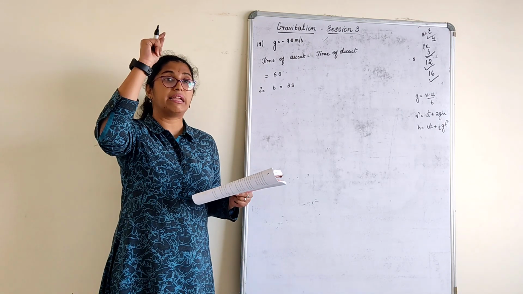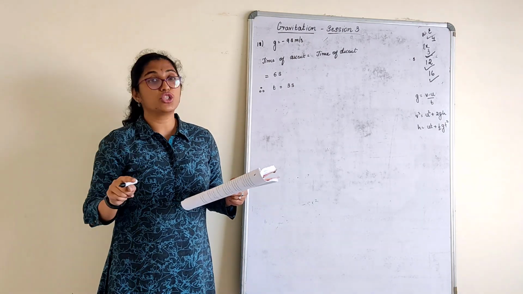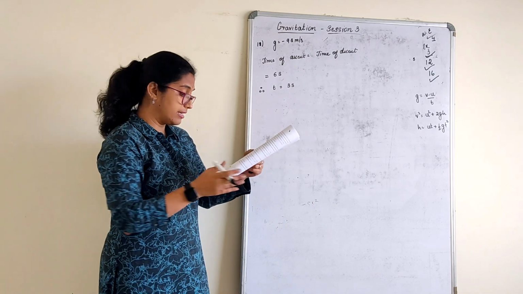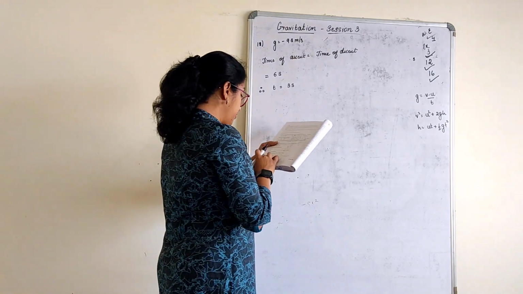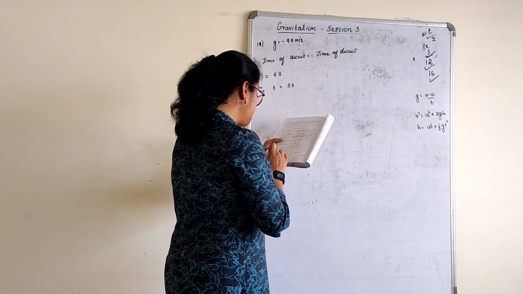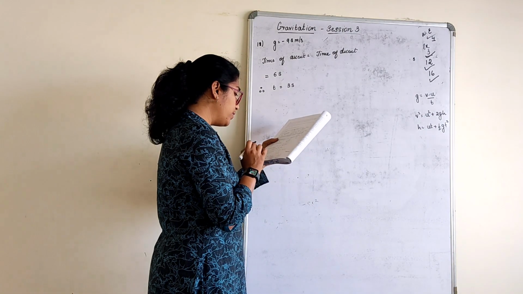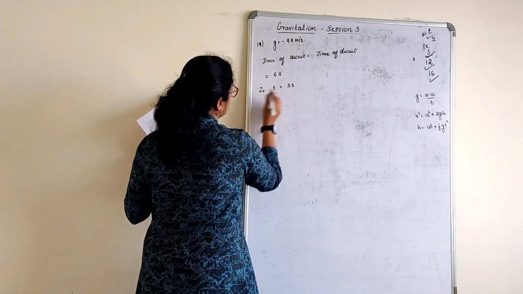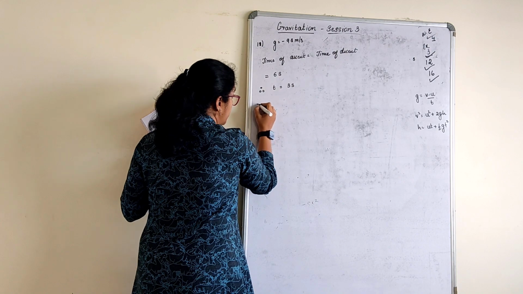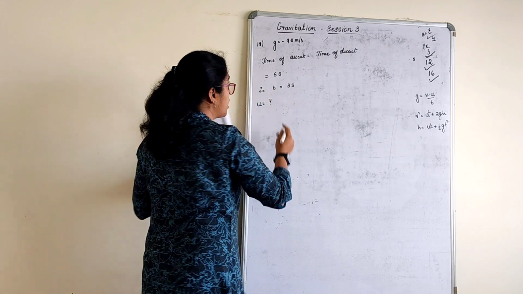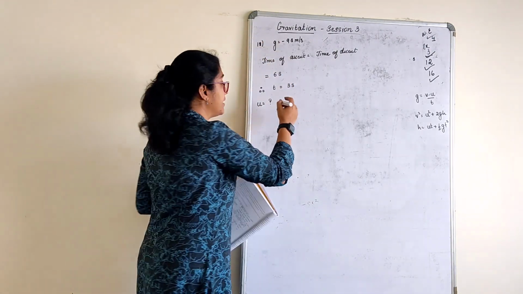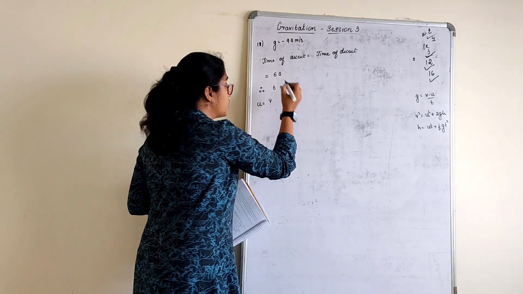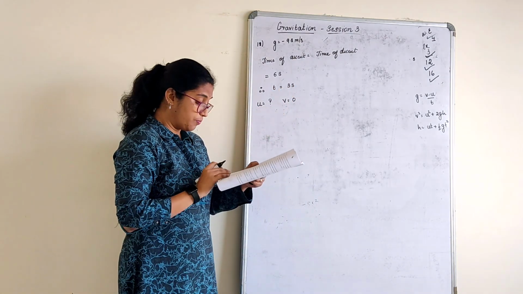So how much time will it take to reach the top? 3 seconds. How much time will it take to come down? 3 seconds. Find the velocity with which the ball was thrown up. So it was thrown up, u is equal to question mark. It reaches a particular height, v is equal to 0.